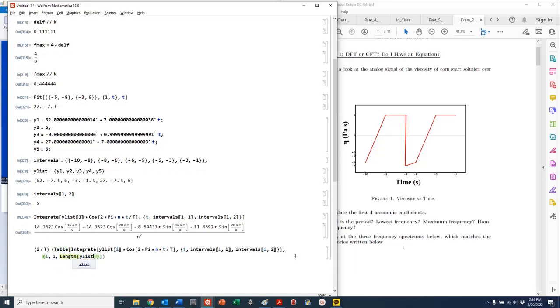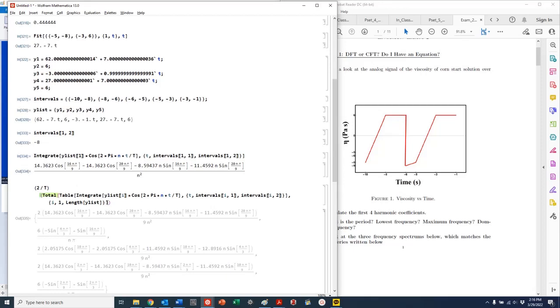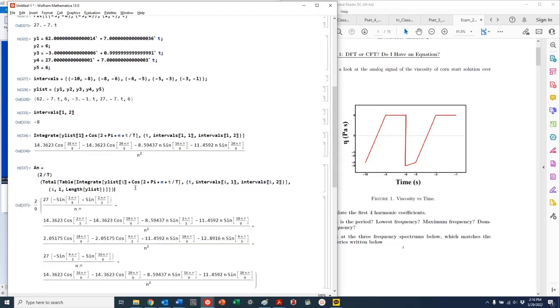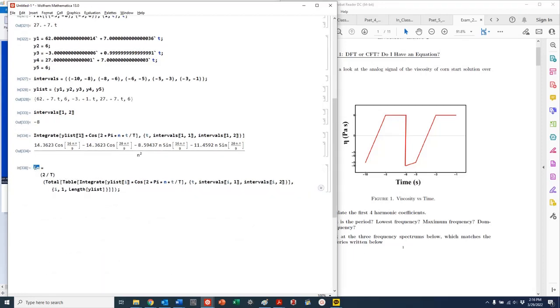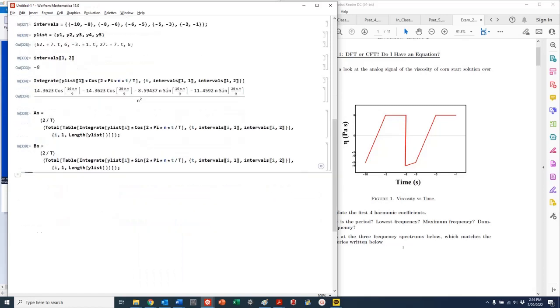And then I'm going to do total, so it's going to add all those up. So this will be my A sub n. Let's just suppress the output. My B sub n will be the exact same thing, but I need to use sine instead of cosine. And there we go.